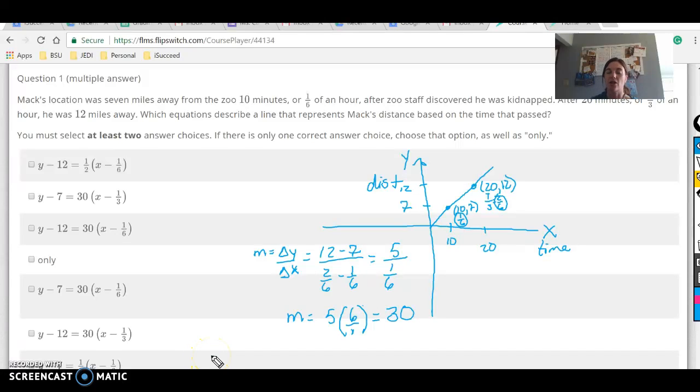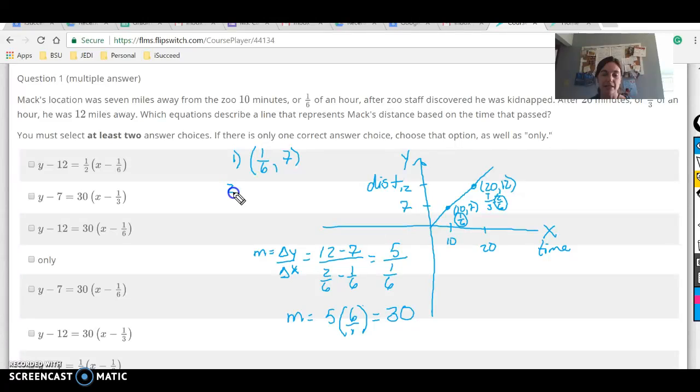Okay, so now I need to decide then which of these equations I can potentially use. So I need to rewrite my coordinates here. So my first coordinate is going to be 1/6. Okay, that's my x value, and my y value there is 7.